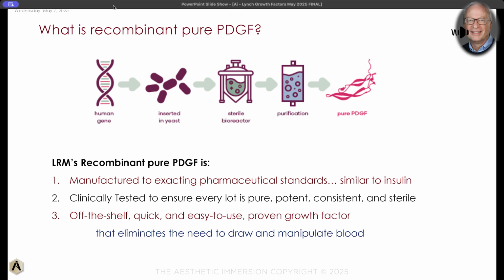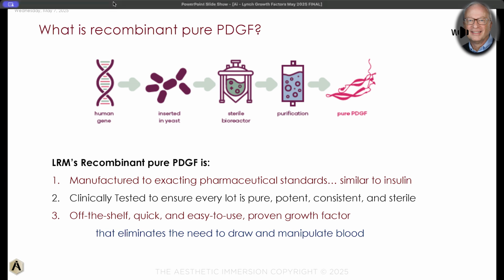It's not all that new, in the sense that human recombinant insulin has been around for a long time. It's clearly been shown to be safe and effective. And again, in the case of recombinant insulin, it's just one human component, just the insulin. In the case of recombinant PDGF, it's just one human component, the pure PDGF.